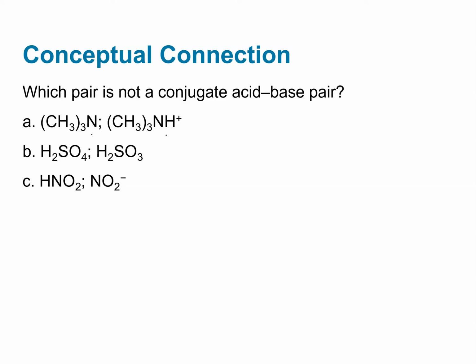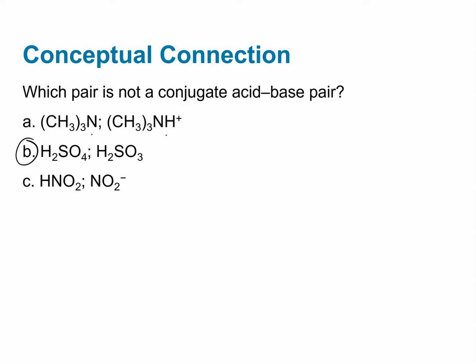B, we have H2SO4 and H2SO3. There's nothing acid-base about this. The number of protons did not change, the charge did not change. What changes is the number of oxygens, and that has nothing to do with our acid-base chemistry. So right out the gate, without assessing C, we know that B is not a conjugate acid-base pair.